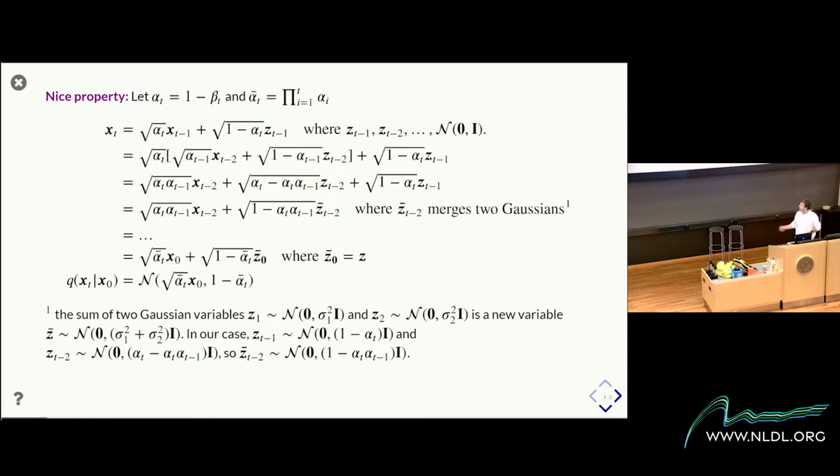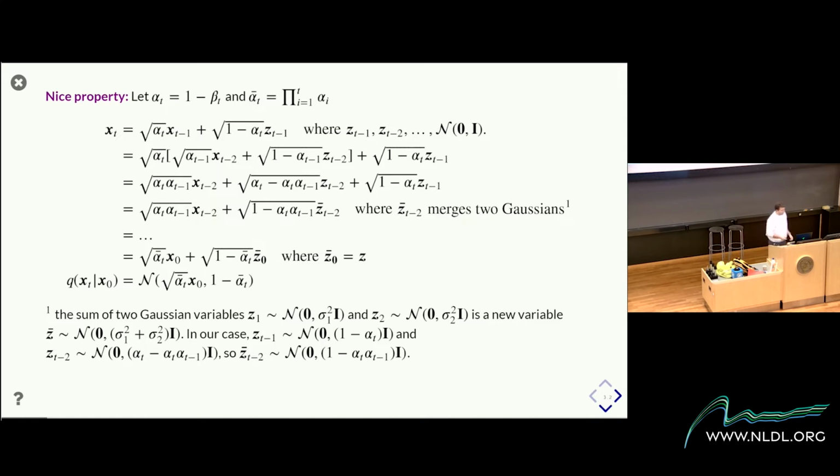Before explaining it, we define what is alpha t and alpha t bar. So alpha t is just 1 minus beta t, okay? Beta t is this variance, this variable that we define, the way we decide how to add noise in the process. Alpha t bar is just the cumulative product of all the alphas from 1 up to t, okay?